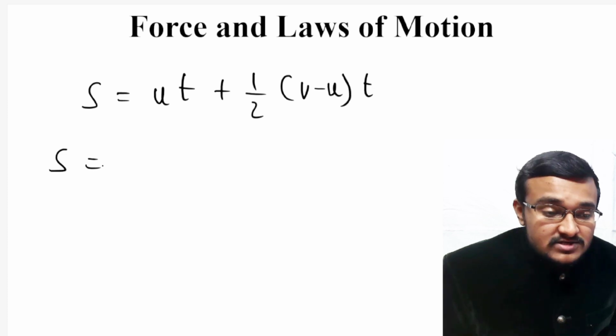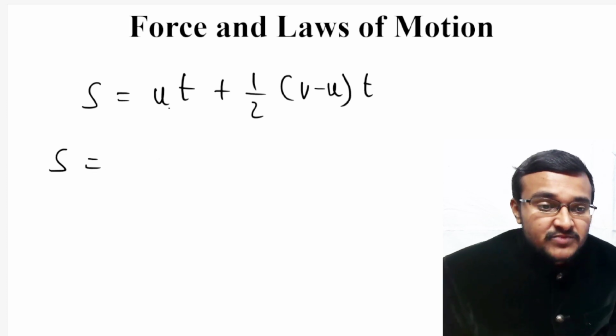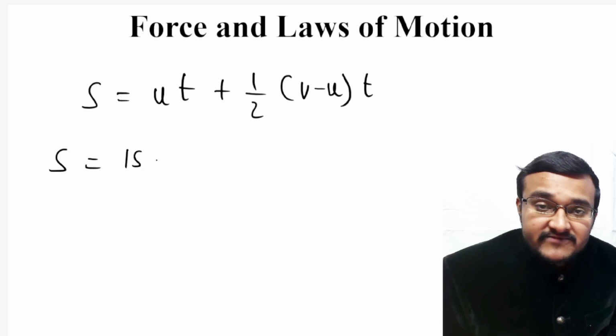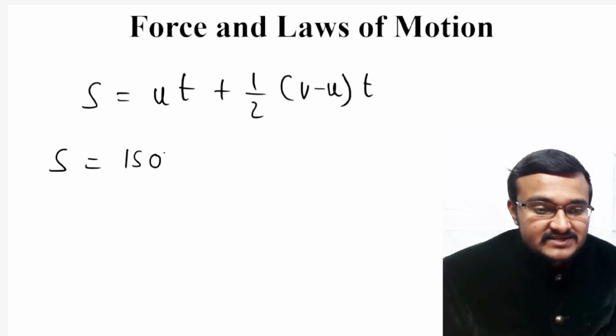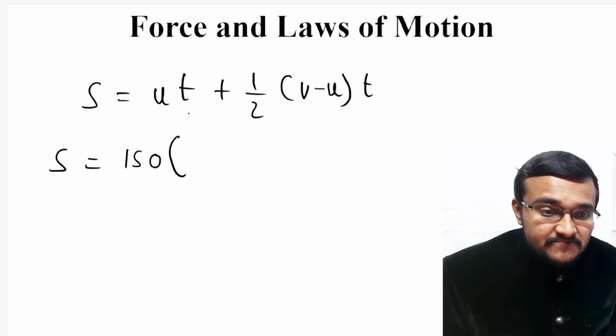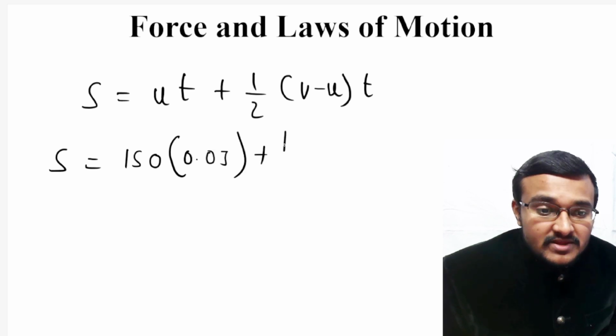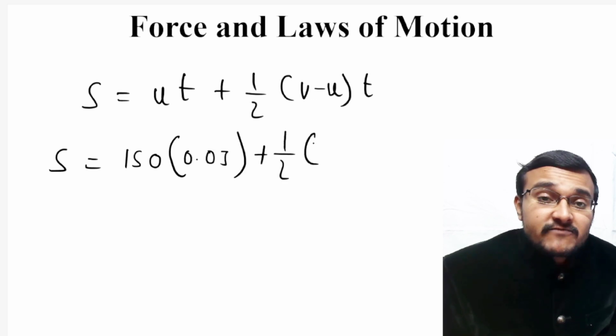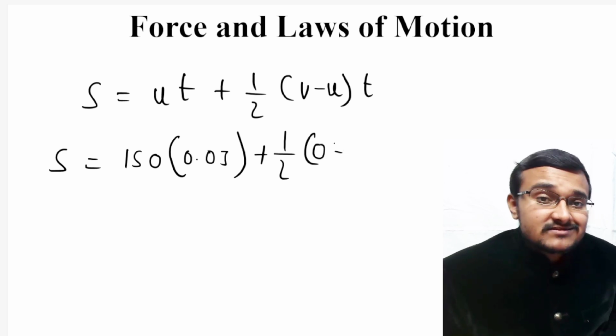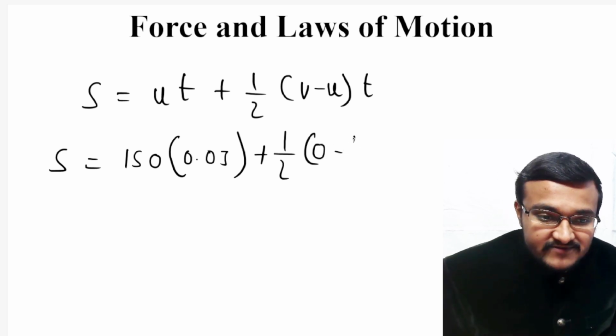Now we can substitute the values which we have. The initial velocity is 150 meter per second, which is in SI unit itself. So directly I can write 150, and t is 0.03 second, plus 1 by 2 into final velocity 0 minus the initial velocity 150 meter per second.